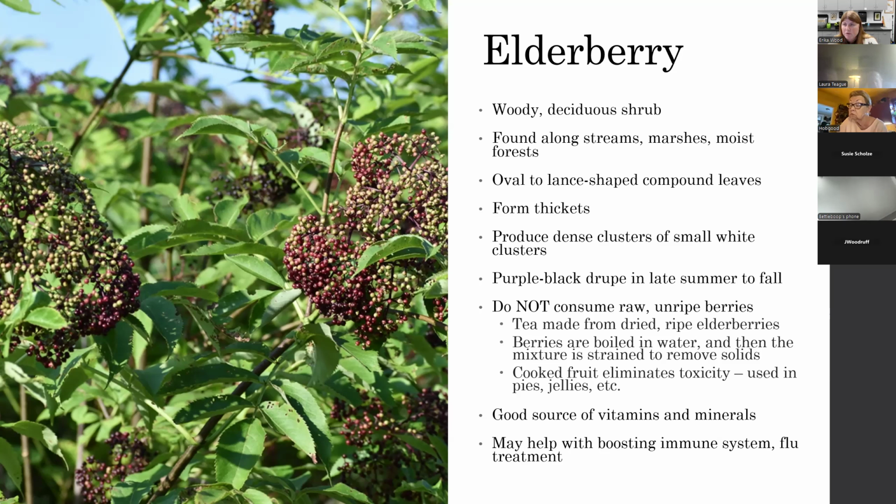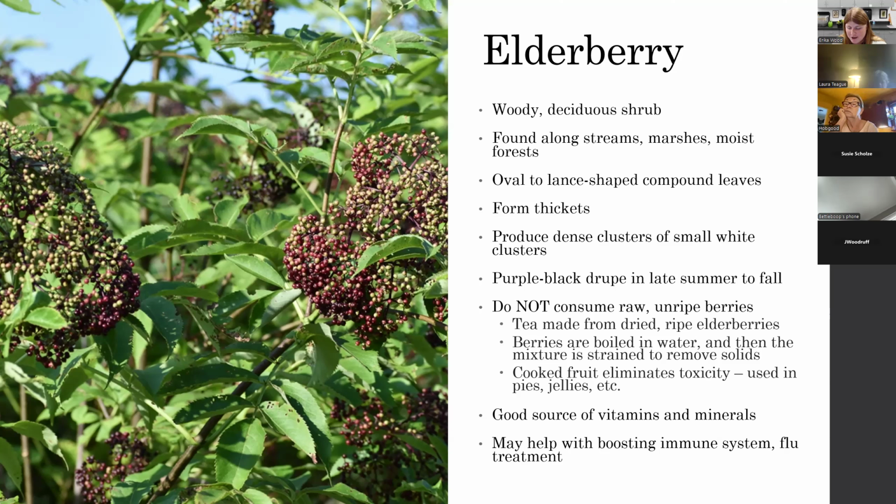Now, before we get into some of the medicinal purpose of it, let me be straight with you on consumption. It is not safe to consume the raw berries or if they are unripe. Okay? It is very toxic. It contains a compound that if you consume it, it will degrade into a type of hydrogen cyanide.